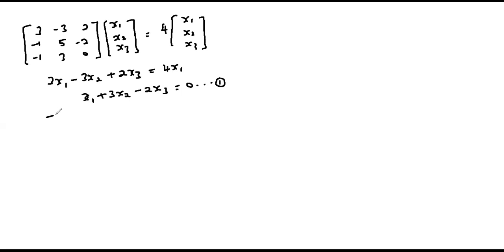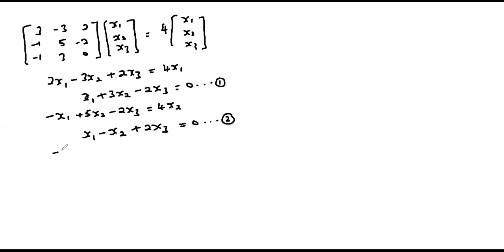Then we have minus x1 plus 5x2 minus 2x3 equals 4x2, from which you can write x1 minus x2 plus 2x3 equals 0. You can call that equation 2.